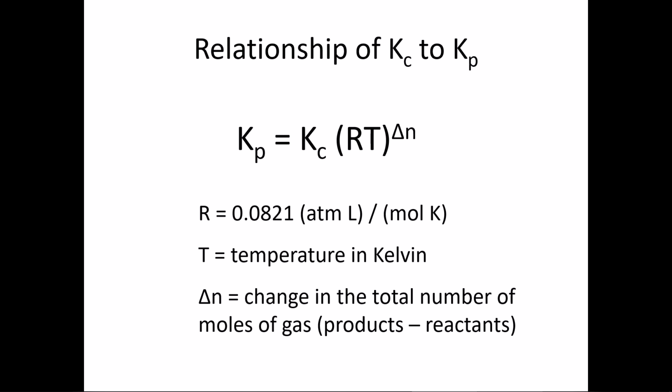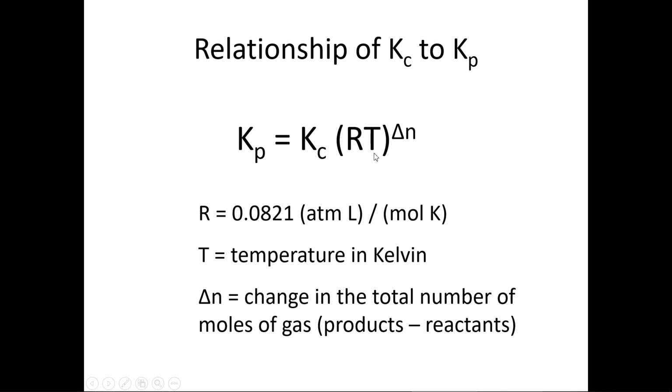And there is an equation that helps us relate Kp and Kc values. Kp is equal to Kc times RT raised to the delta n. So in this equation, R is our gas constant, measured in liter atmospheres per mole Kelvin, because we're looking at changes in pressure and volume.